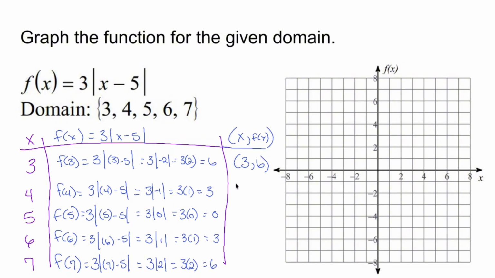I plugged in 4, I got out 3, 4, 3. I plugged in 5, I got out 0, 5, 0. I plugged in 6, I got out 3, 6, 3. I plugged in 7, I got out 6, 7, 6. Now let's graph these 5 points on this coordinate plane.